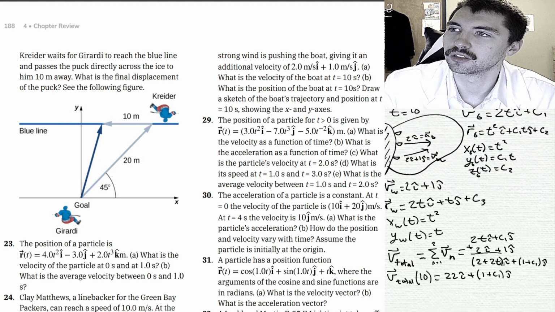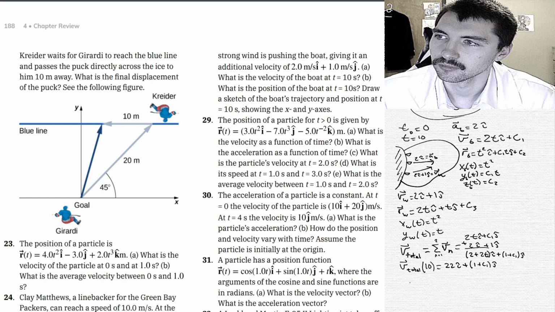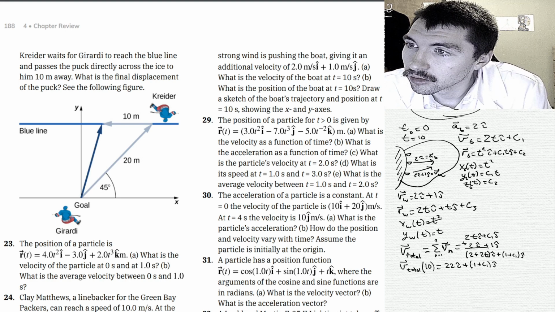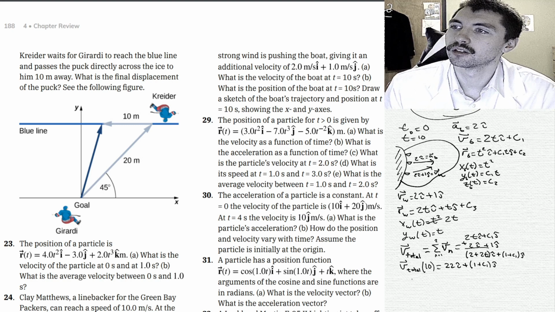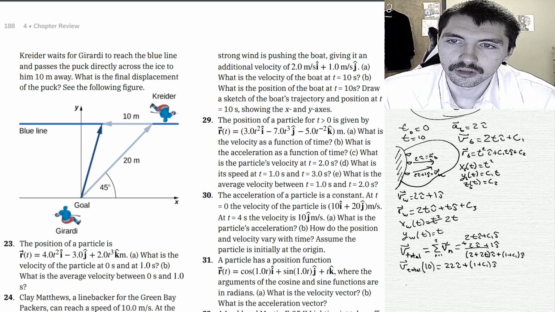Position function is similar. So first off, this is wrong. This should be 2t. Okay. What is the position of the boat at 10 seconds?